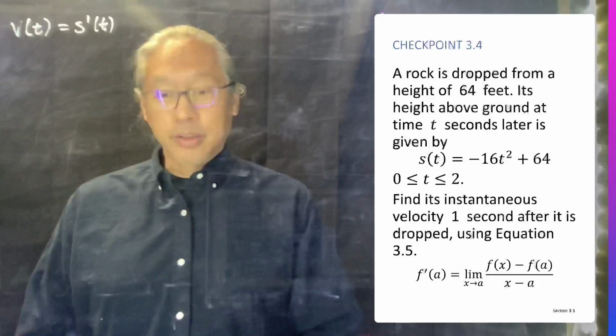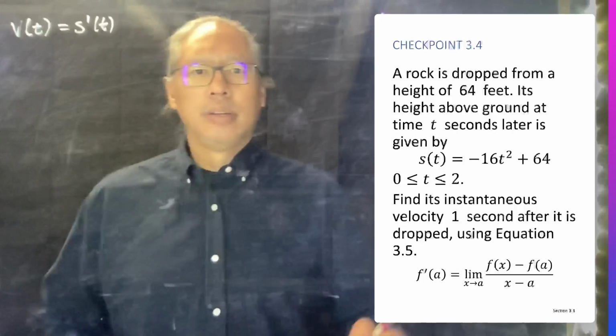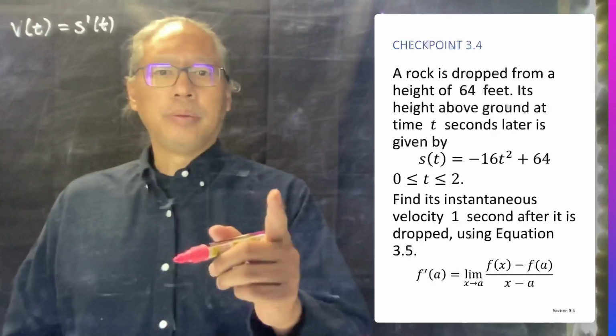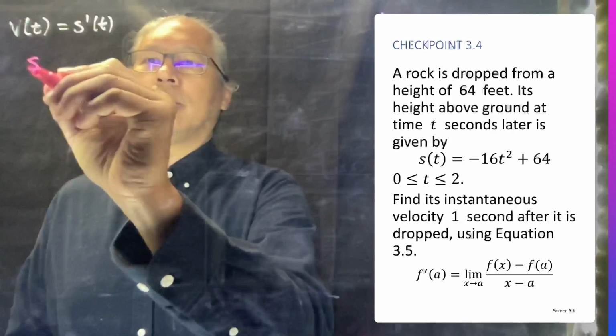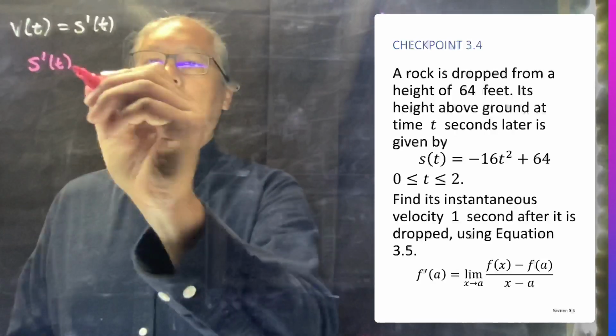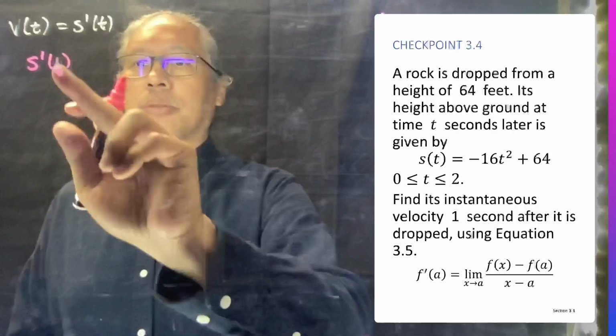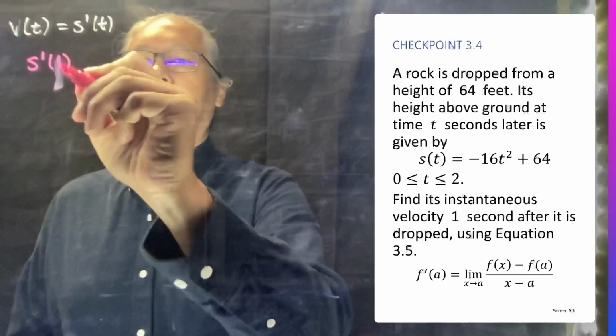Okay, so let's put in those pieces of information that we need. We're going to find s prime of t. Actually, we want it specifically at 1.